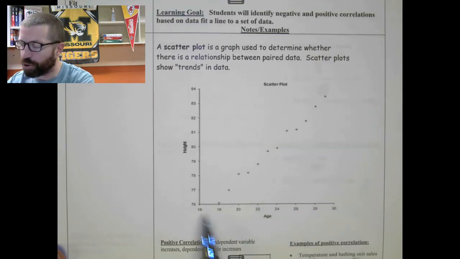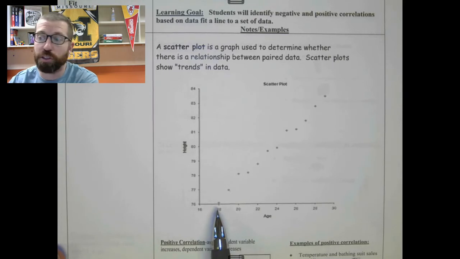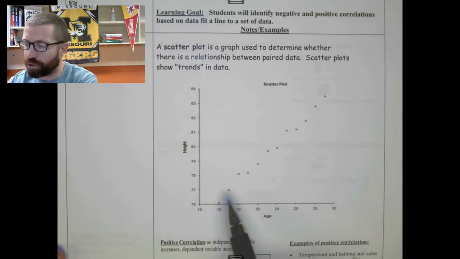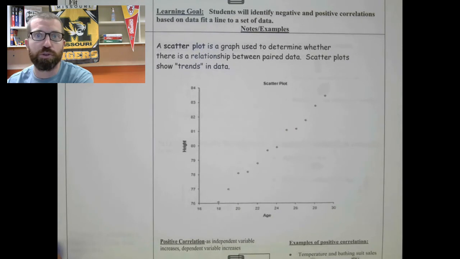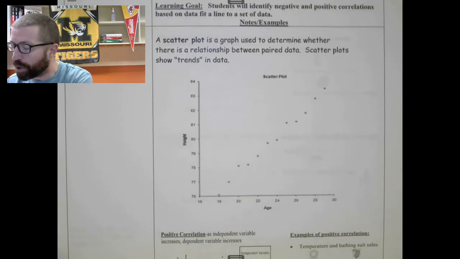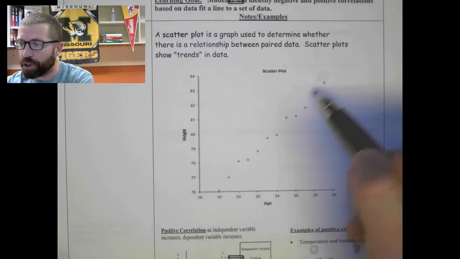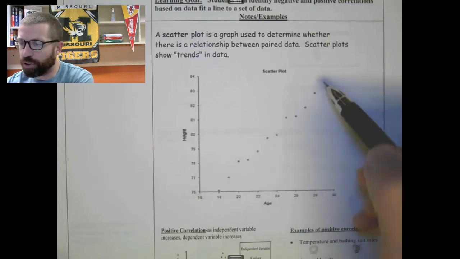If the ages were like 2 to 12, you would definitely think this would suggest some kind of correlation. But nonetheless, this data does show a trend. You could draw a line that kind of fits through this data.